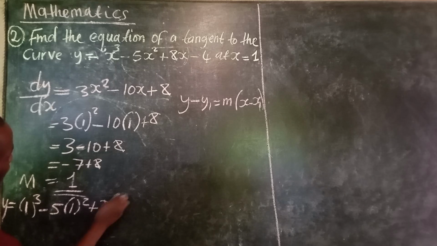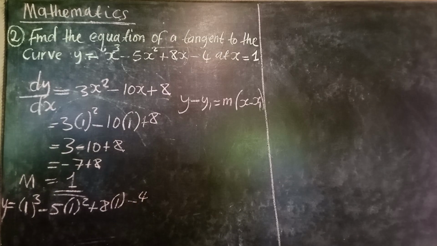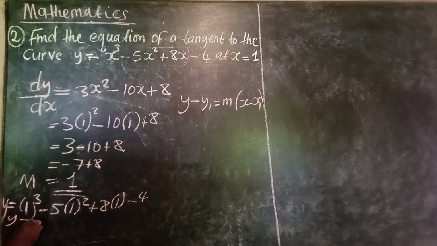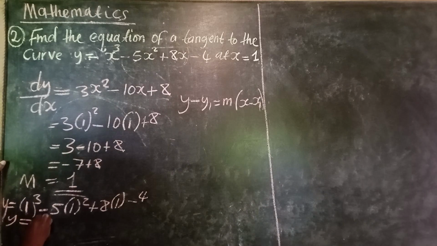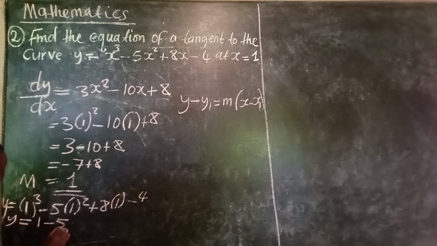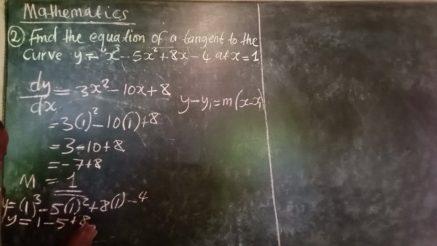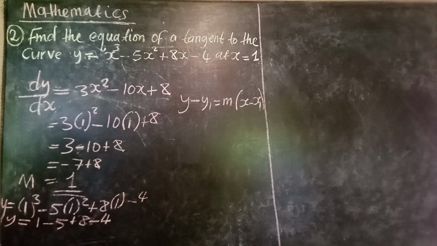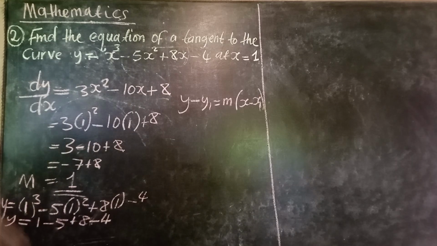So y is equal to 1 to the power 3. The answer is 1. Then 1 squared is 1. 1 times negative 5 is negative 5. Then 8 times 1 is plus 8. Then minus 4. So let's simplify this. 1 minus 5 is negative 4.